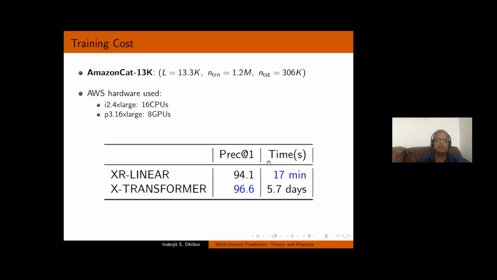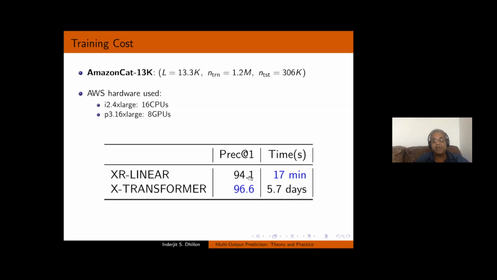So even though they are results on the same data set, the training time can actually be much, much larger, right? For XR linear, our software, which is pretty efficient, can do this training in 17 minutes, whereas for the BERT models, it's multiple days.